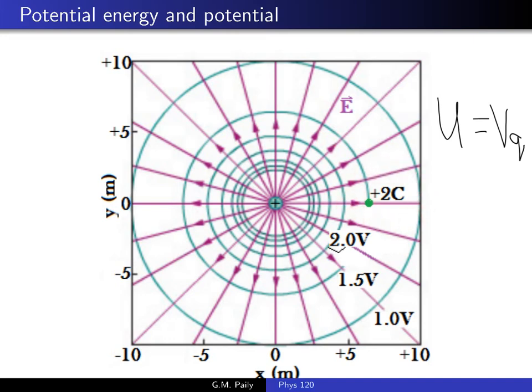So the positive charge here moves to a region of less potential. It moves outward to this point, which is at a potential of 1 volt. And so its potential decreases, and so does the potential energy. The potential energy goes from 3 joules to 2 joules.